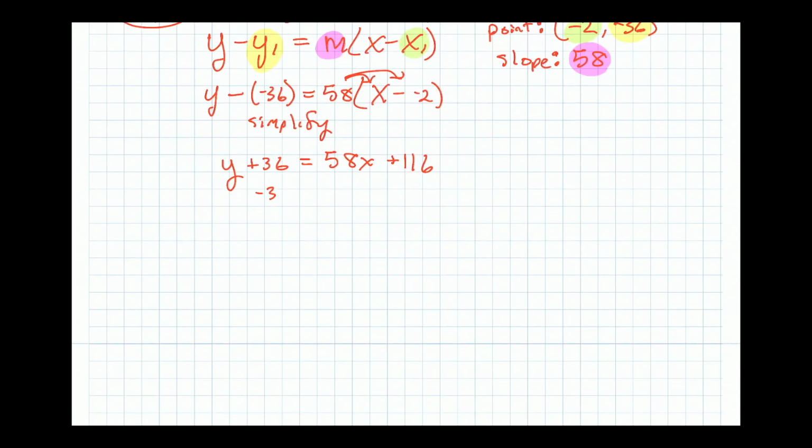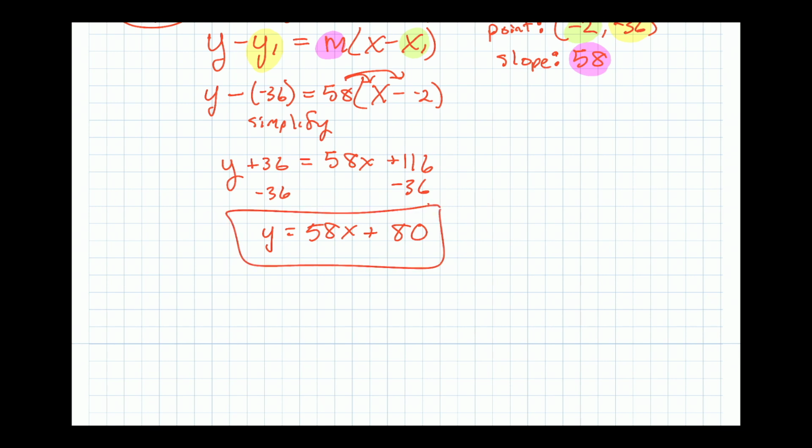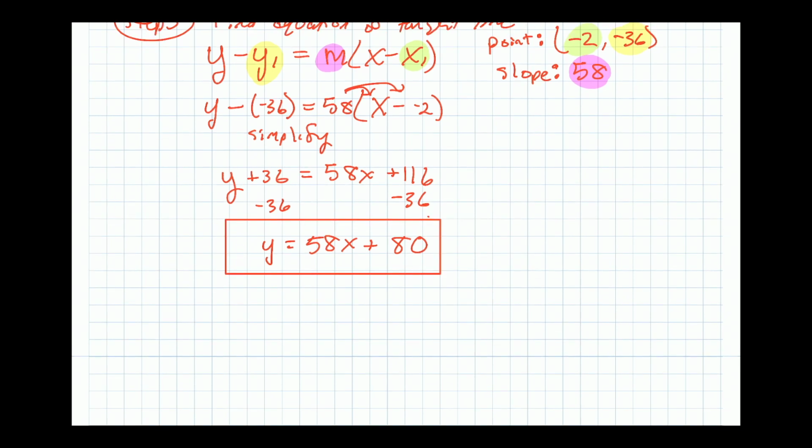Then you would subtract 36 from both sides just to solve for the y, and you get y equals 58x plus 116 minus 36, which I believe is 80, right? You had 10, you get to 90, 20, you get to 100, 30, you get to 110, 6, you get to 116. So I think that's right. So this should be our answer. That should be our answer.